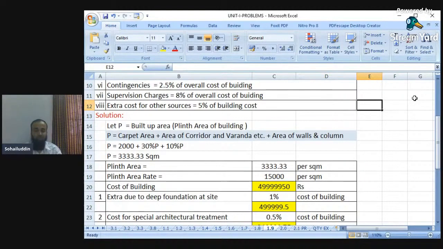Again, the rate is also given. What is the rate? The rate is 15,000 per square meter. The same way, the cost of building is nothing but this.